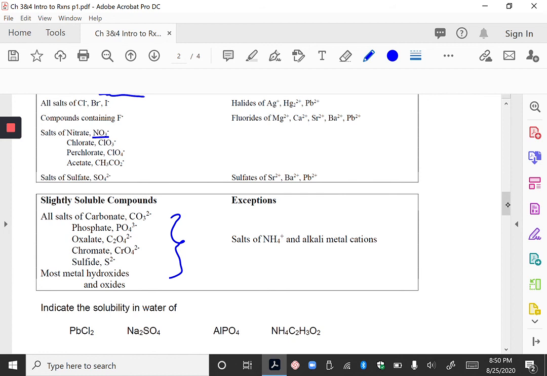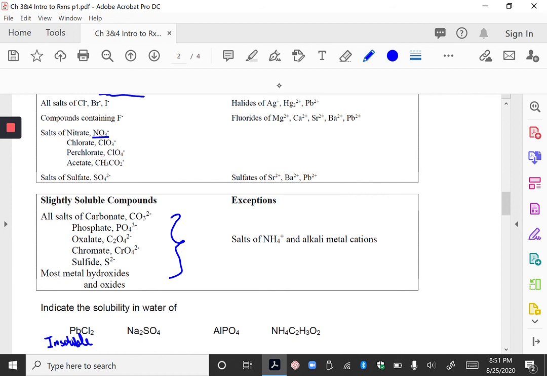Chlorides are soluble except when they're with silver, mercury, or lead. So that means it's not soluble. Most chlorides are soluble except when we're these. So this would be slightly soluble or insoluble. I'm just going to put insoluble. Again, that means slightly soluble.